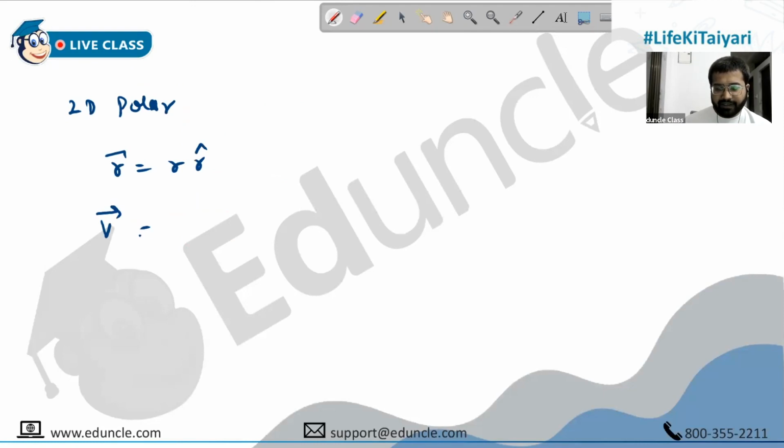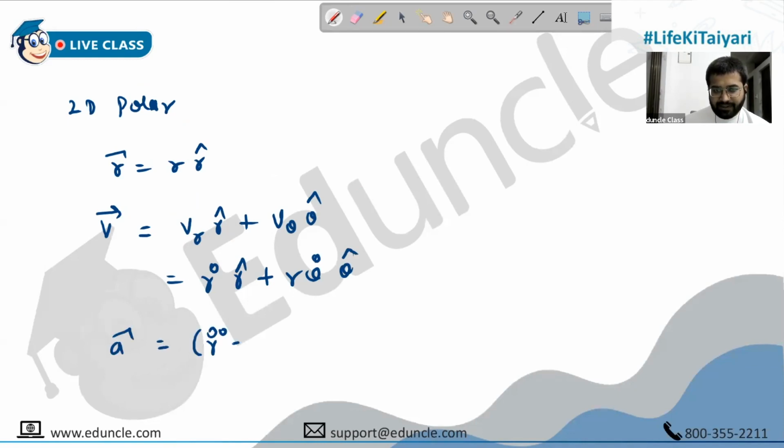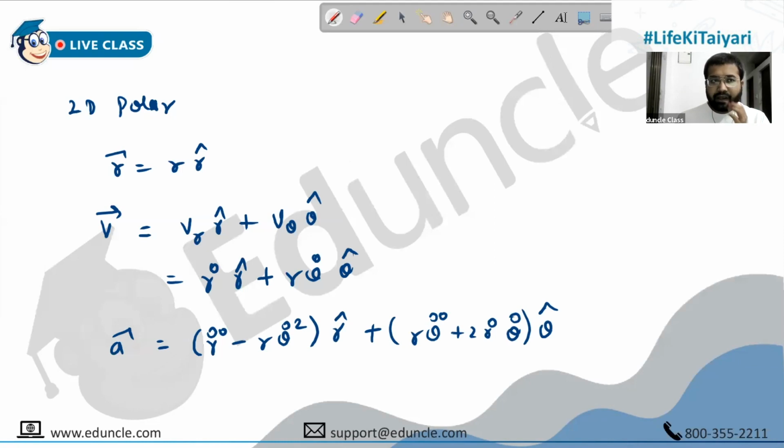The value of v vector is vr into r cap plus v theta into theta cap, where vr is r dot and v theta is r theta dot. The value of a vector is r double dot minus r theta dot square into r cap, plus r theta double dot plus 2 r dot theta dot into theta cap.